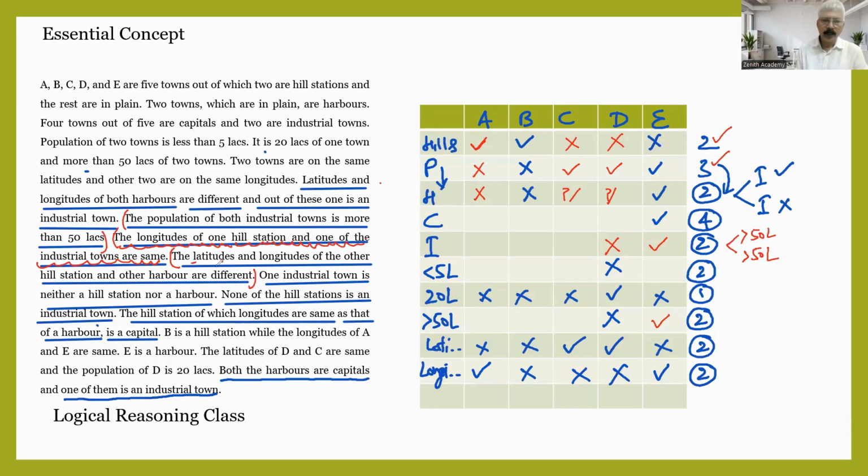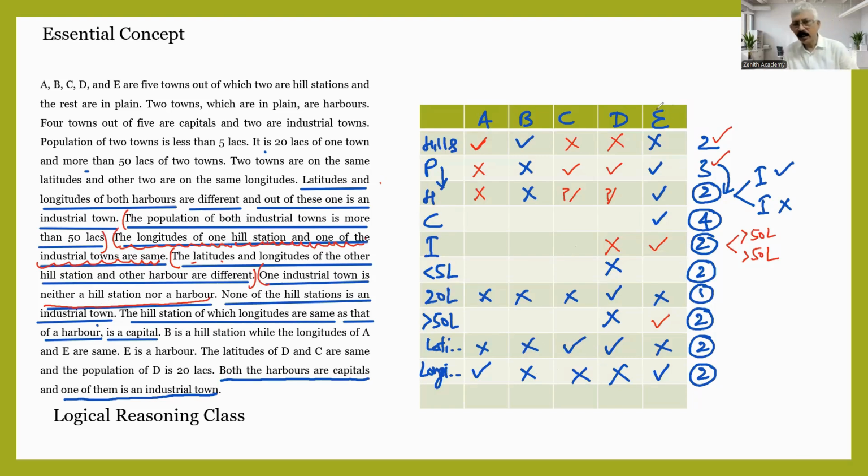Okay, so let's see. One industrial town is neither a hill station nor a harbor. You have decided one industrial town, and the second industrial town is not decided. But here the condition is one industrial town is neither a hill nor a harbor.